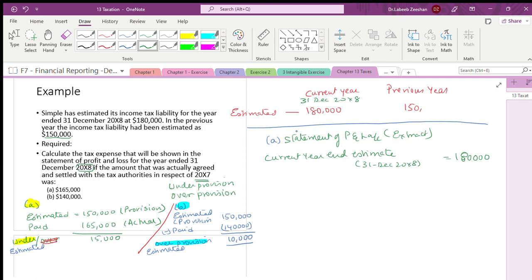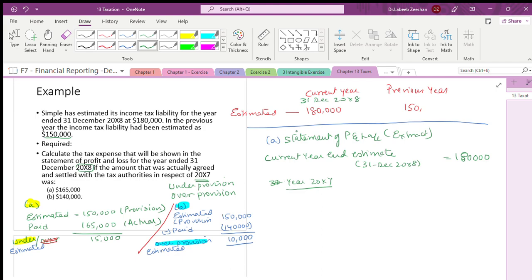We have to make adjustments for the last year. That's very important. To 31st December year 2007, how much have we paid? How much have we settled?